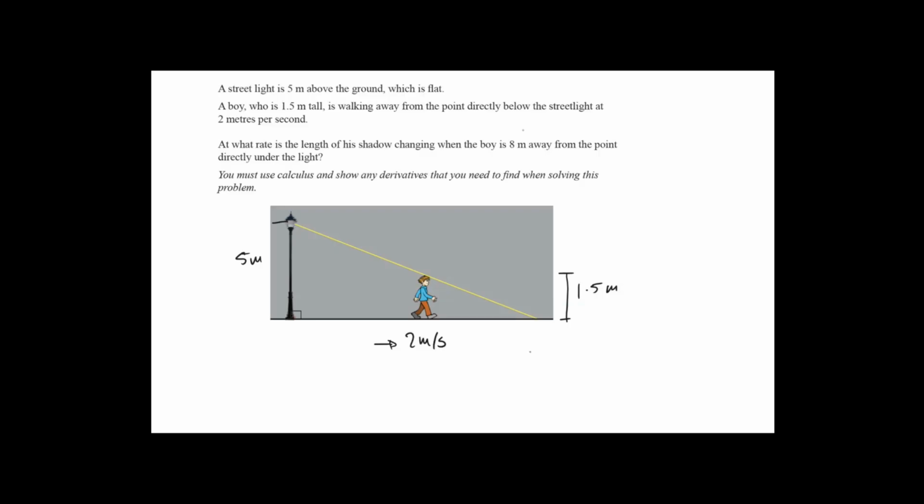How fast is the length of his shadow changing when the boy is 8 meters away from the point? So this is going to be 8 meters directly under the light. Use calculus to solve this.